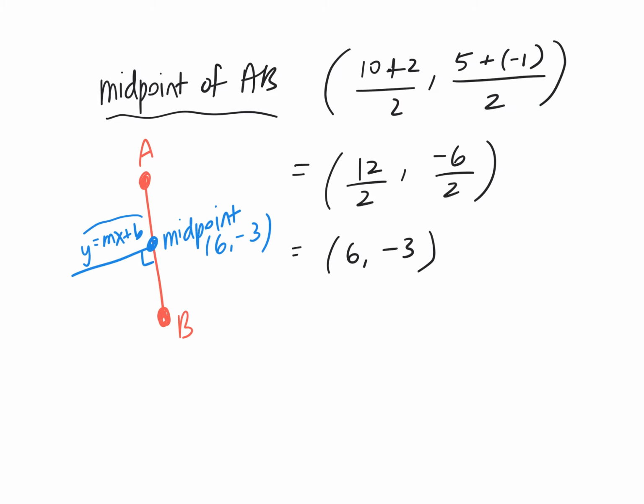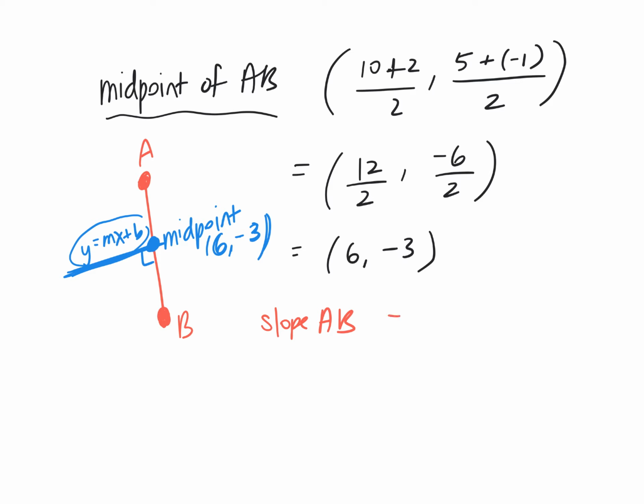We're trying to figure out an equation of a line that has 6, -3 as one of the coordinates, but the slope has to be perpendicular. It has to be a negative reciprocal of AB. So we need to find the slope of AB, right? Because I know that the slope of this line has to be a negative reciprocal. So find the slope of AB.